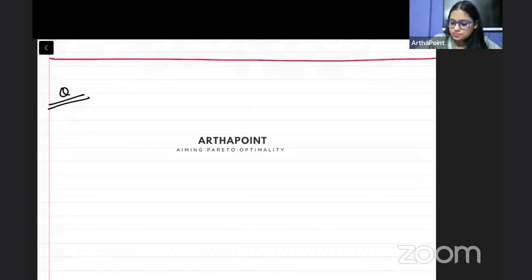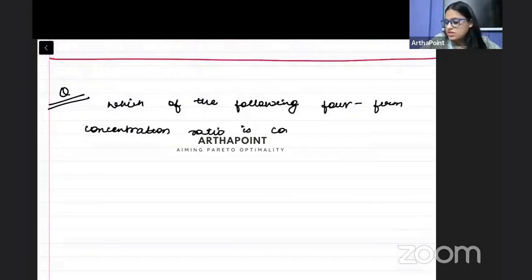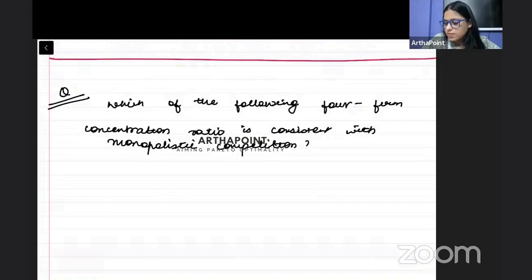The question is, which of the following four firm concentration ratio is consistent with monopolistic competition.